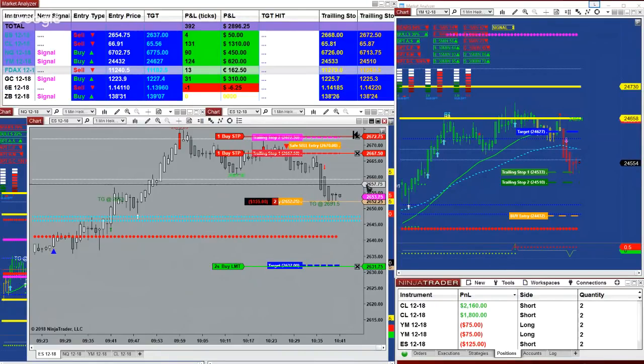Right at the entry signal, because this was the last stop on the long area. So it is a very critical area. Let's see.